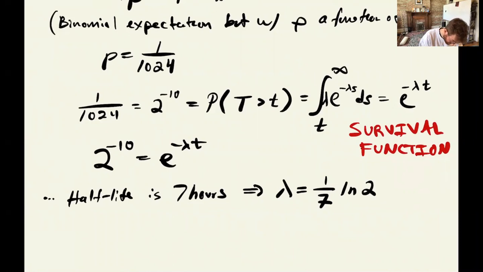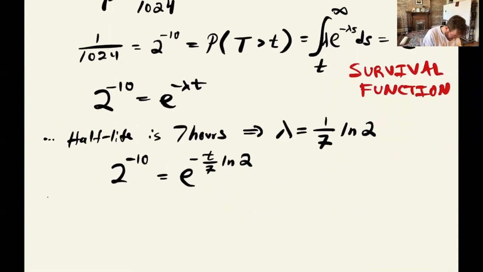All right. So what this then gives us is you want 2 to the minus 10 to equal e to the minus t over 7 natural log of 2. If I take the natural log of both sides, I'm going to end up with something that looks like this.